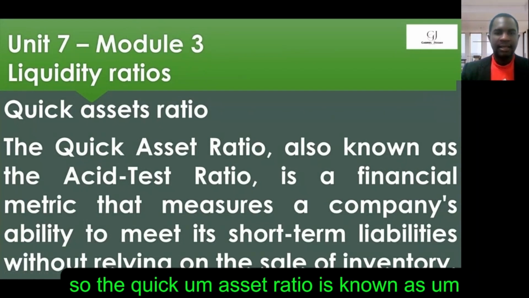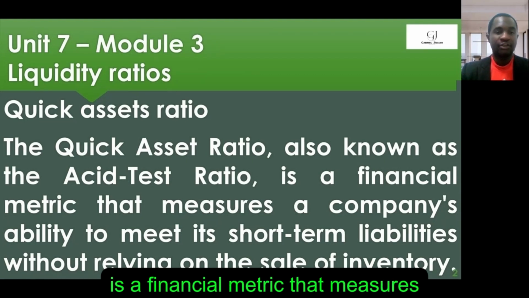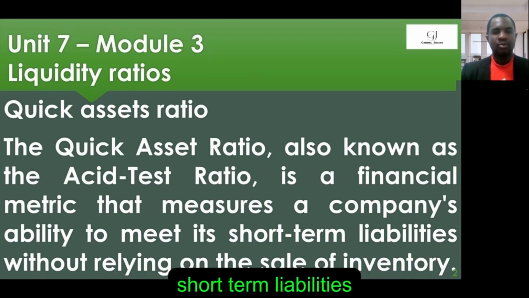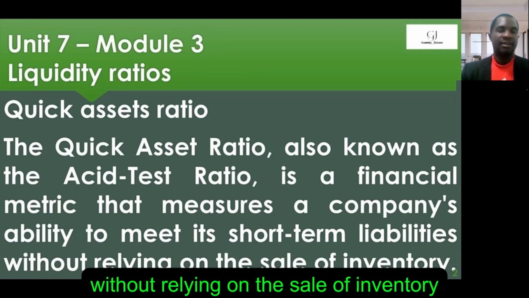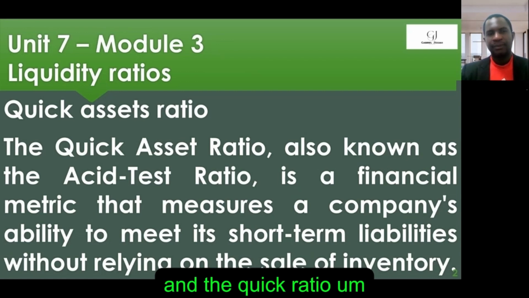So the quick asset ratio is known as acid test ratio. It's a financial metric that measures a company's ability to meet its short-term liabilities without relying on the sale of inventory. So you could see the difference between the current ratio and the quick ratio.